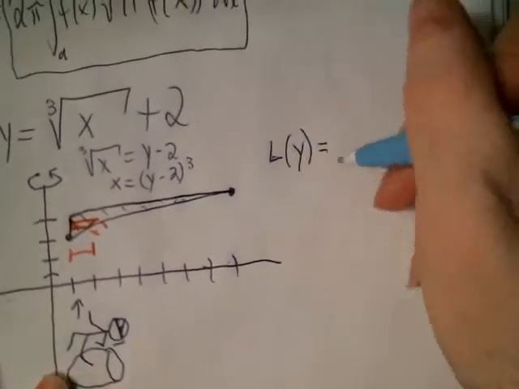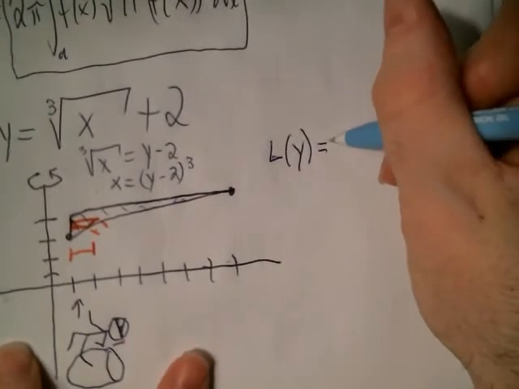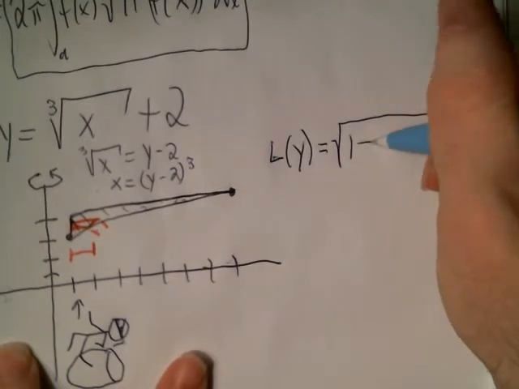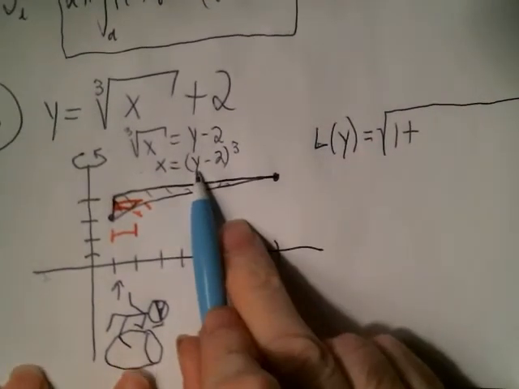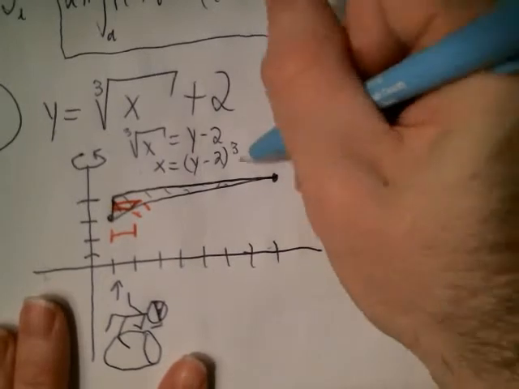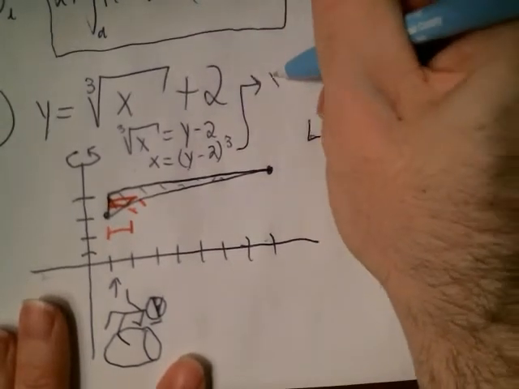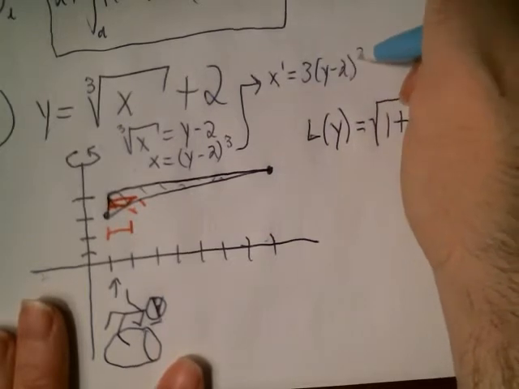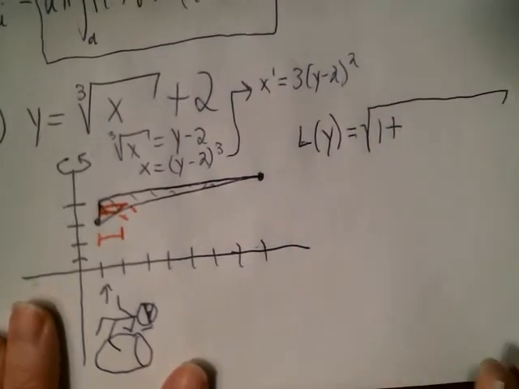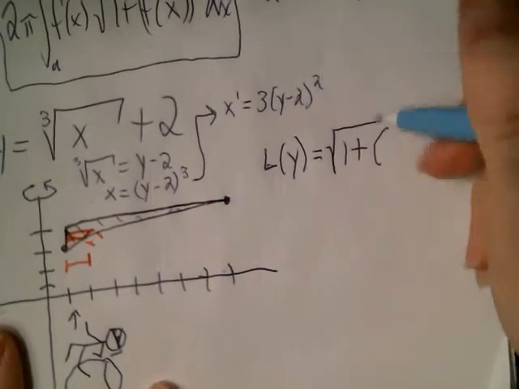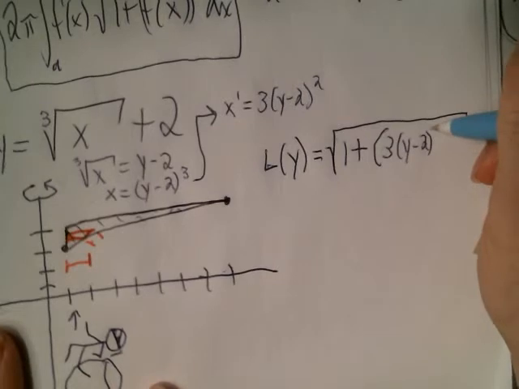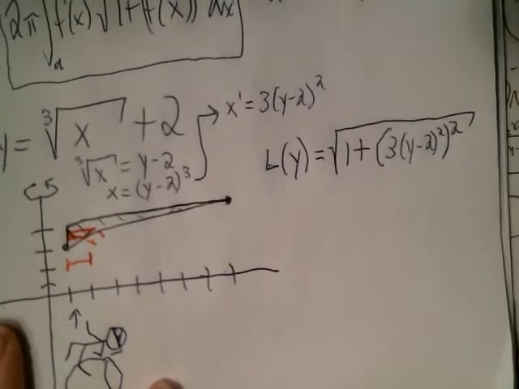Okay, so my L of y formula will be the integral of the square root of 1 plus the derivative of this with respect to y squared. So x prime is 3 times y minus 2 squared. Okay, so I'm plopping that in here. So what do we get? 3 times y minus 2 squared, squared.